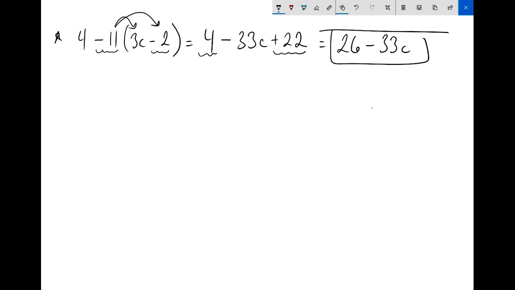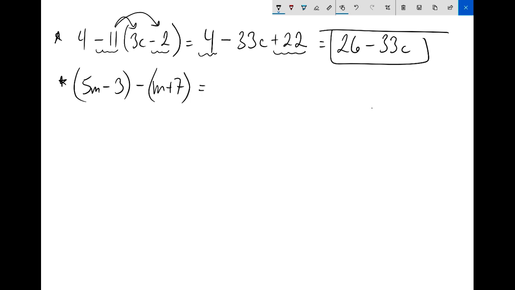Okay. So far so good? Questions? Okay. This one, we've got 5m minus 3 minus m plus 7. Now, do we even need the parentheses on that first chunk?